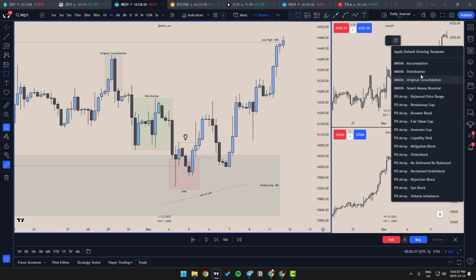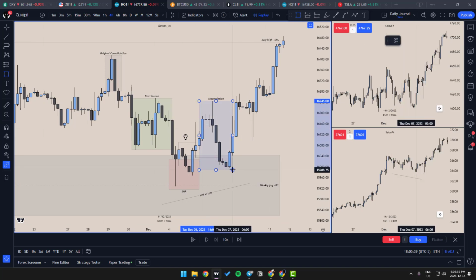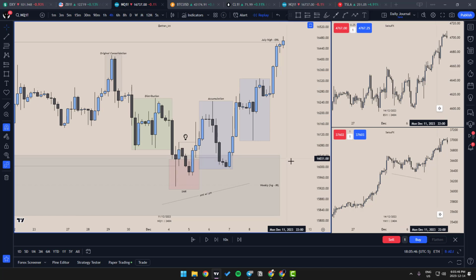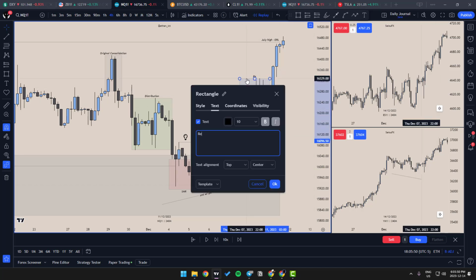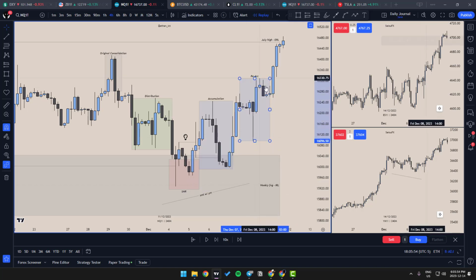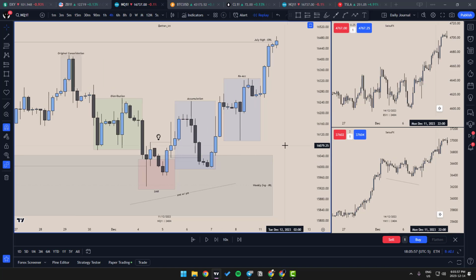So where are your accumulation phases? Well, you have one right here. Then you have another one right here. So what I just taught you guys, where would your silver bullet be in this market maker model?